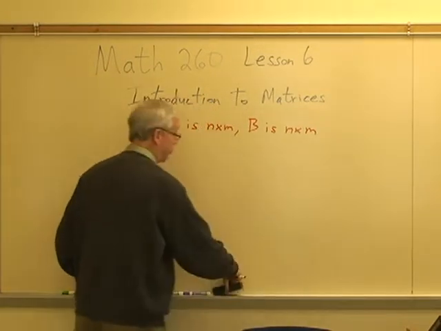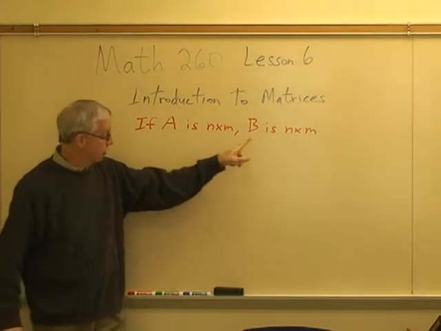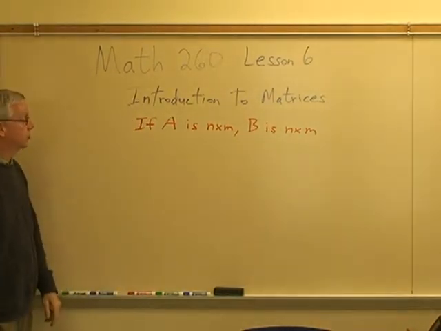In order to add two matrices, they must be of the same dimensions. They must have the same number of rows and the same number of columns.